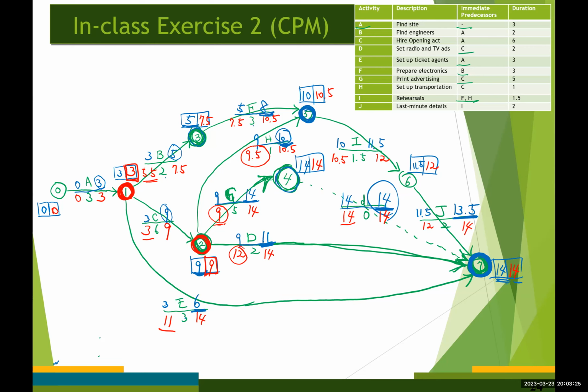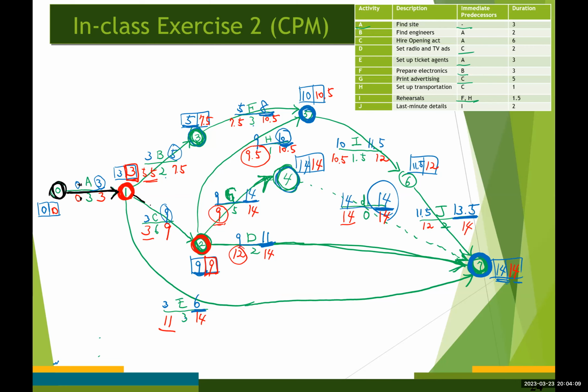Okay. So next is to compute the total float to see where we have the critical path. So I'm going to use black color to mark the critical path. So starting from node number 0, event number 0, this is going to be part of the critical path because there is no difference between these two numbers, right?